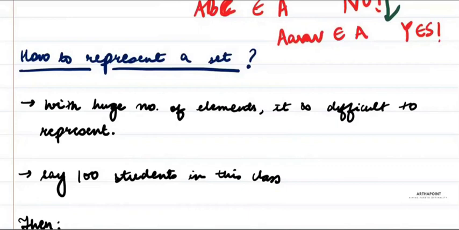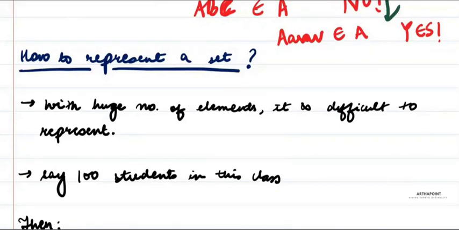That may not always be the case. We may have a case where I'm dealing with all the natural numbers. Then what will happen? It starts from 1, 2, 3, but it goes till infinity.